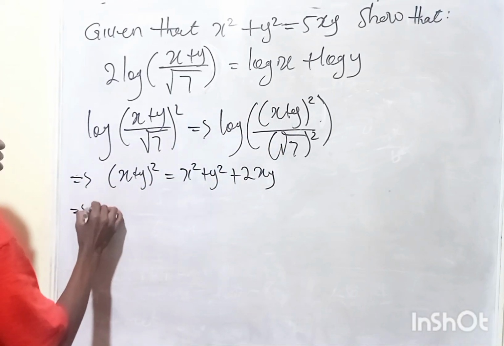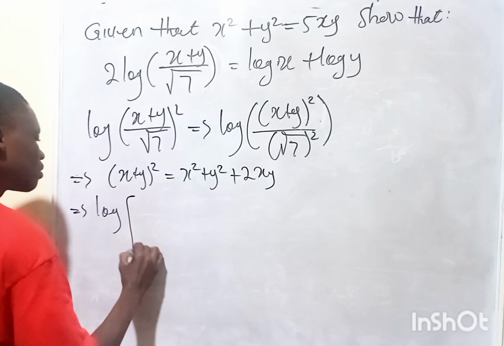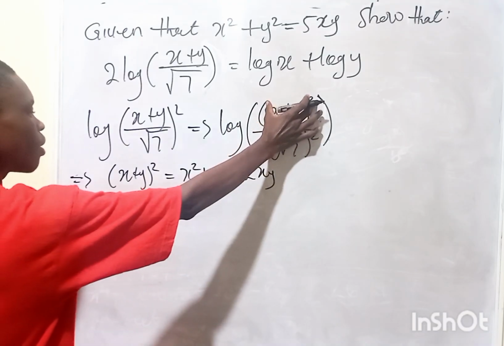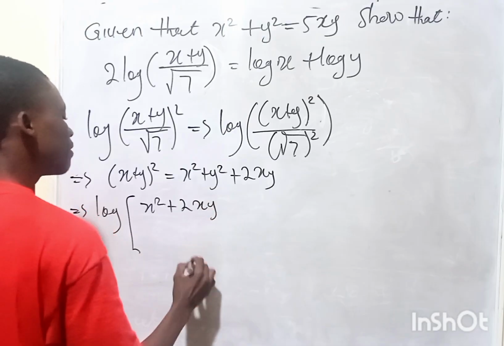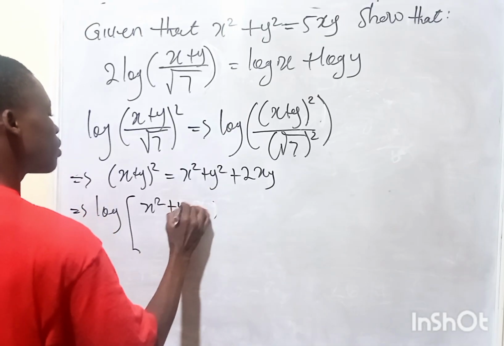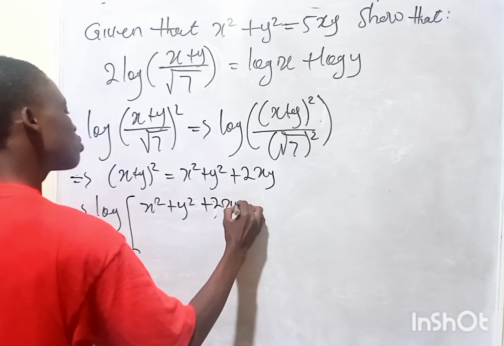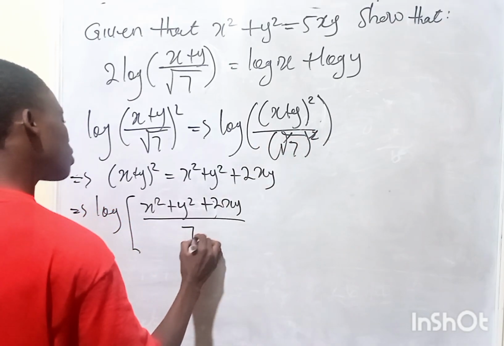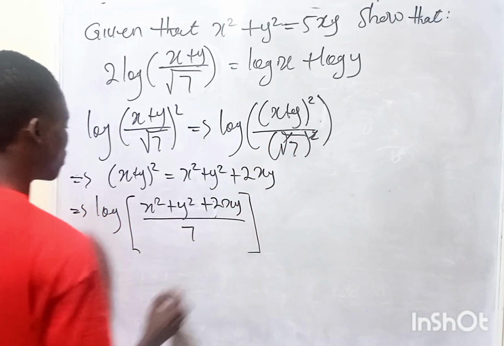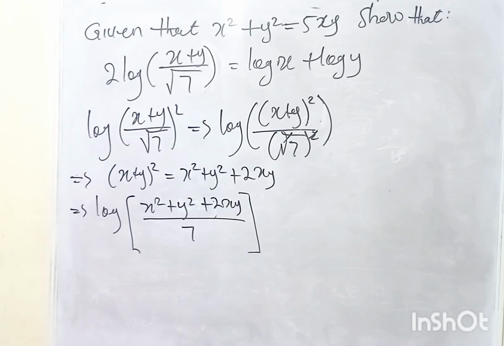So this implies that log of (x plus y) all squared, we put this: x squared plus y squared plus 2xy all divided by, the square root squared can cancel out, and we have just 7. All right, that's the first step.